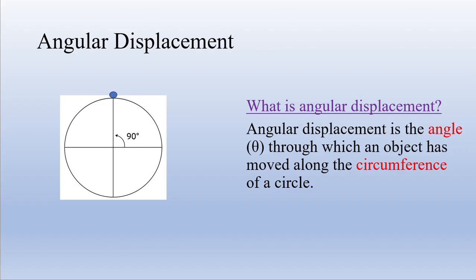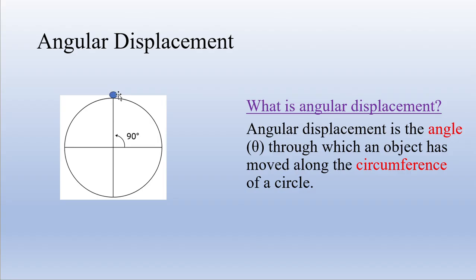The main thing you need to worry about there is that angular displacement is just an angle, and we use theta as the symbol to measure that angle. If you're looking at this diagram, you've got this little blue ball on top of the circle.